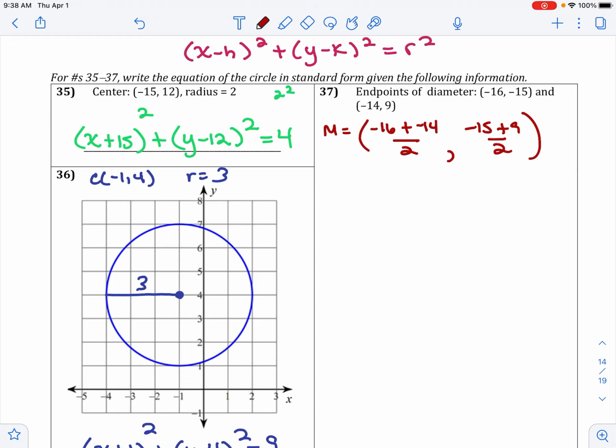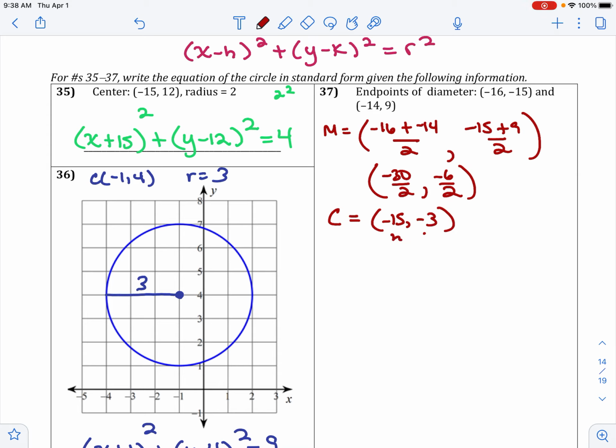So that's how we're going to find the midpoint of any line segment. We add the x's, divide by 2, add the y's, divide by 2. So that's going to give us negative 30 divided by 2 and negative 6 divided by 2. Okay, so now we know the center of our circle is going to be at negative 15 and negative 3.